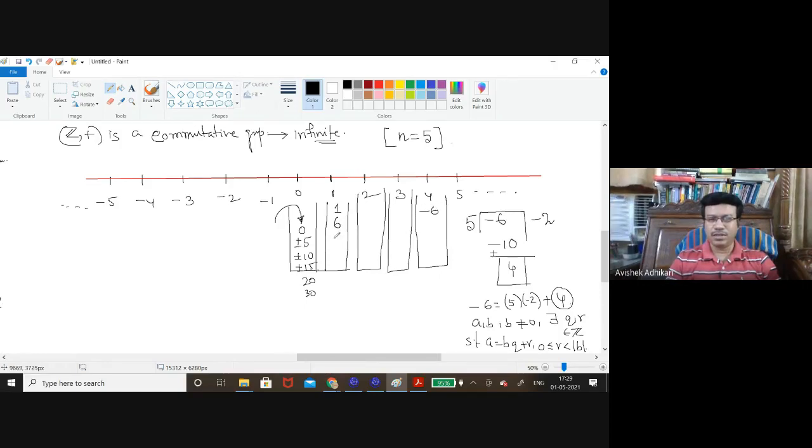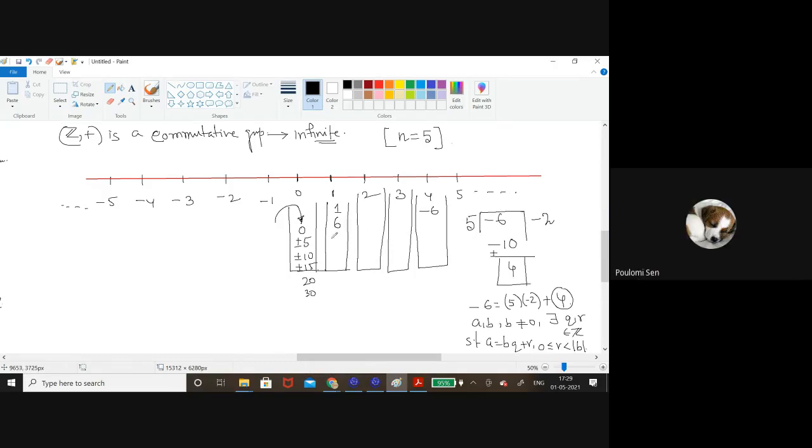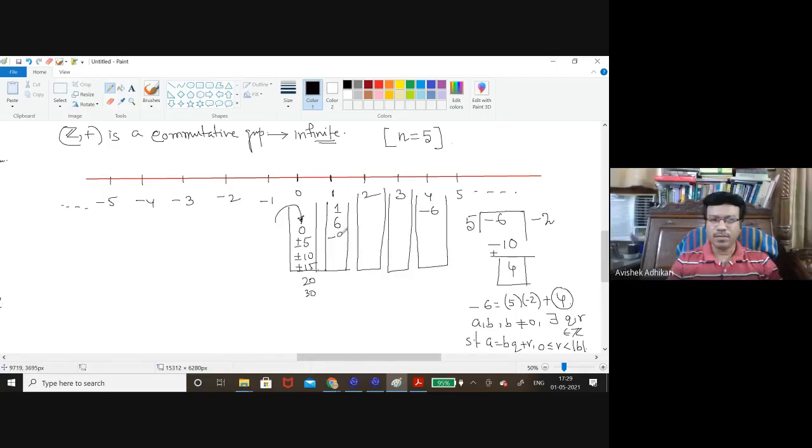Sometimes people forget to write this mod of b, and if you forget this, then you might get different answers for a simple division. So as you understand, if I have minus 6, then minus 6 should come here and not here. Similarly, which element will come here? Quickly tell me. Minus 9. Okay. Anything before that, you could also have minus 4, right?